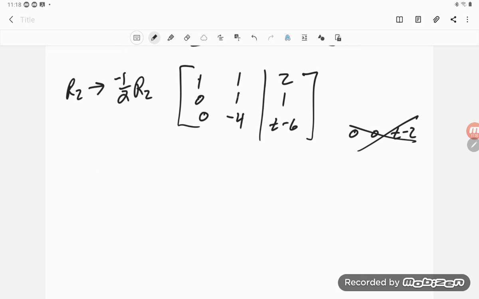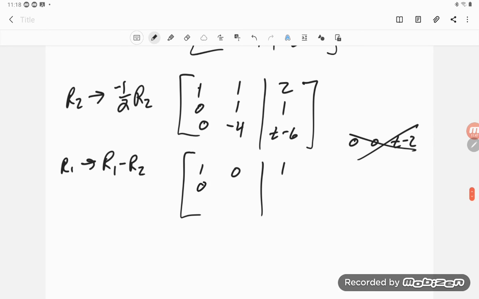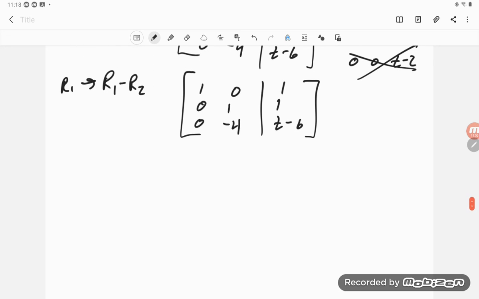So now I want to take row 1 and replace that with row 1 minus row 2, and get 1, 0, 1, like that. And then I have 0, 1, 1, and 0, negative 4, and t minus 6. Okay, now I would like to replace row 3 with row 3.